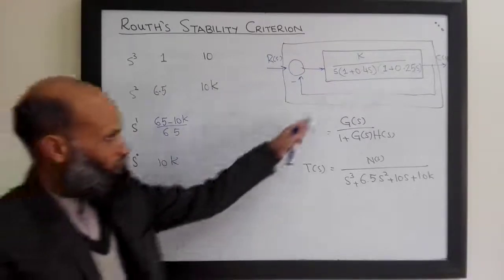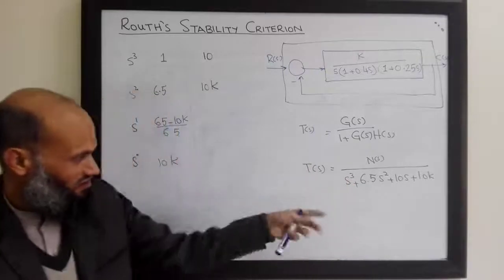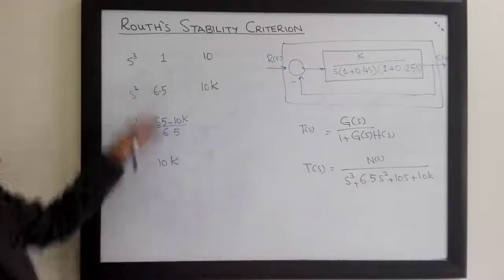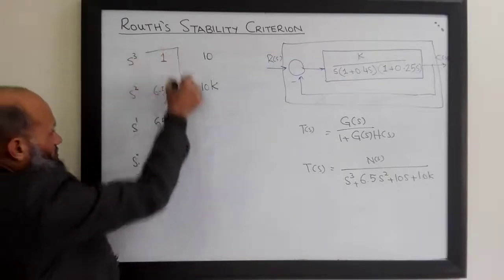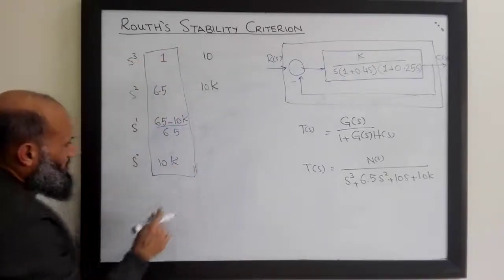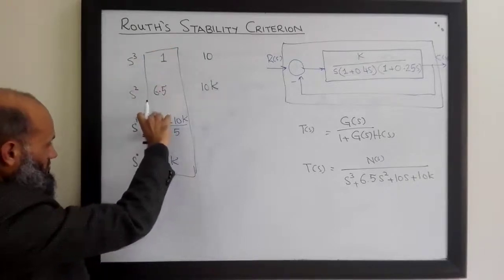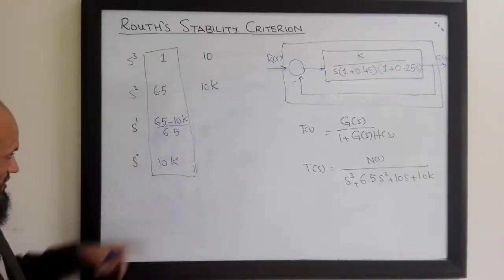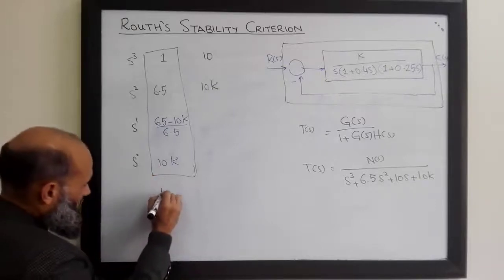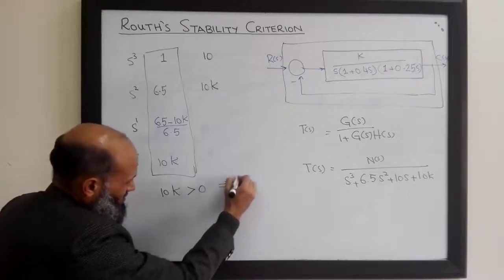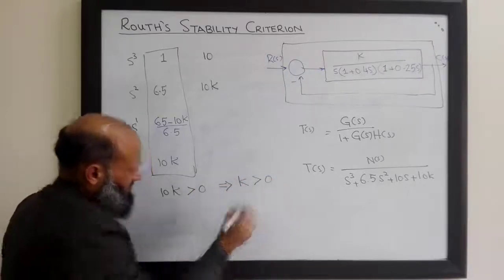For the system to remain stable, that is for this denominator to have all the roots with negative real part, there should be no sign change in the first column of this table. That is, this must be positive, this must be positive. This line tells us that 10 plus k should be greater than 0, which implies that k should be greater than 0.